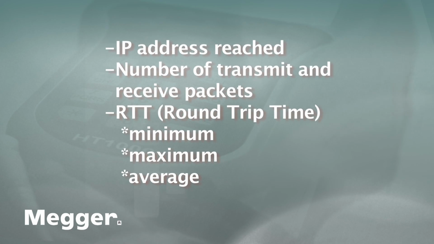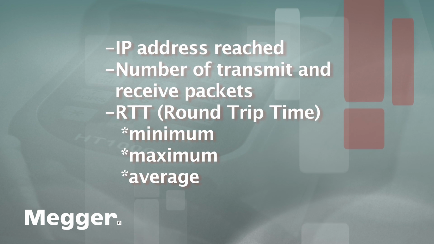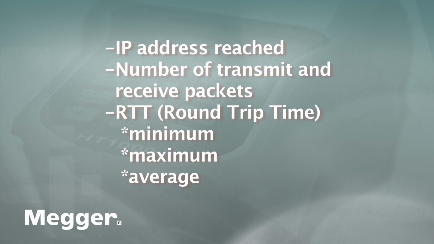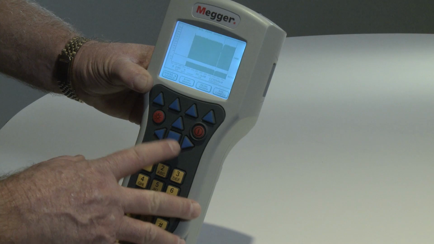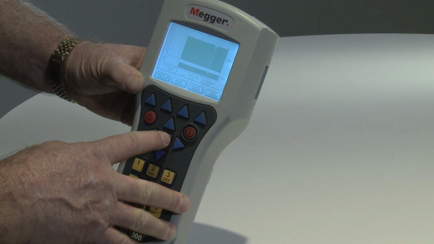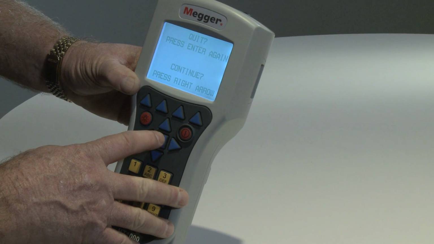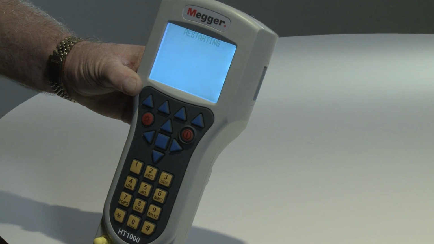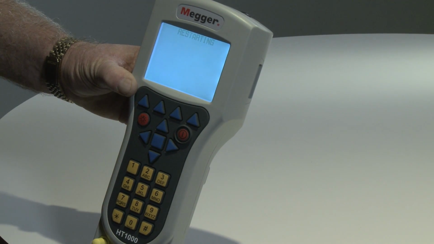The results will indicate the IP address reached, number of transmit and receive packets, and the RTT, round trip time minimum, maximum, and average in milliseconds. To return to the main menu, press the Enter Return Home key, and then follow the prompt and press the Enter Return Home key again to return to the main screen.